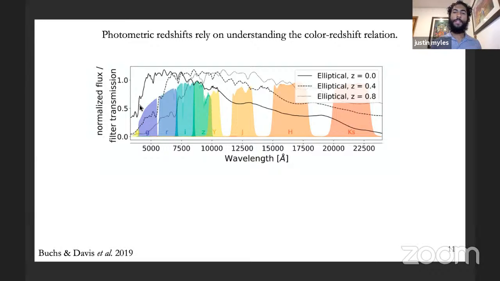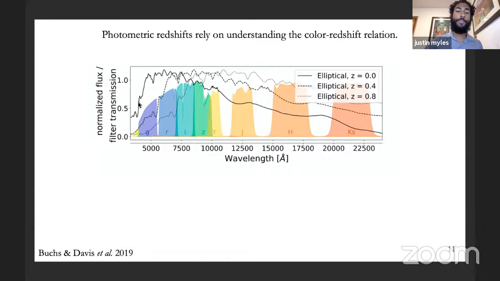We're looking at a red galaxy, so an elliptical galaxy, and it's at 3 different redshifts, 0, 0.4, and 0.8. And what's important about this is that because it's a red galaxy, it has this astrophysical feature called the 4,000 angstrom break. And you can see that here, that the flux really drops off somewhat rapidly around 4,000 angstroms.